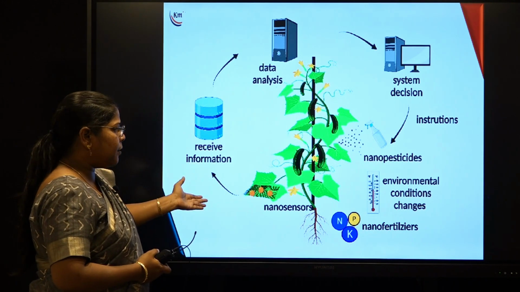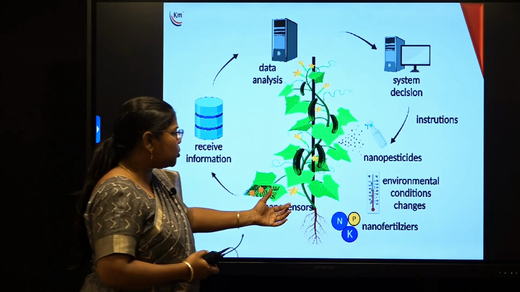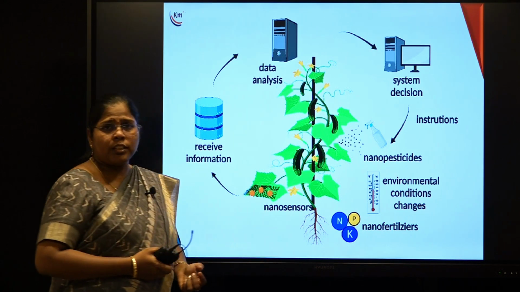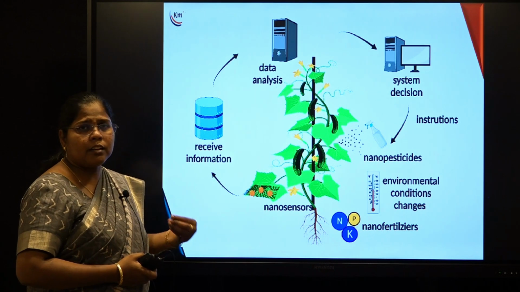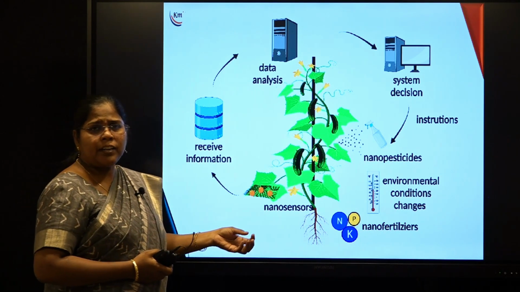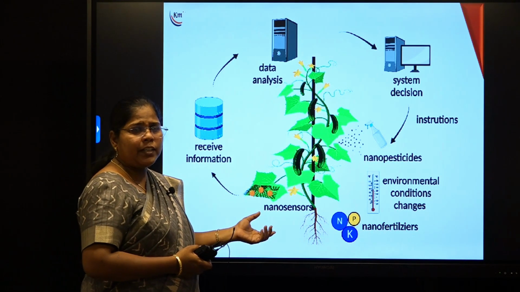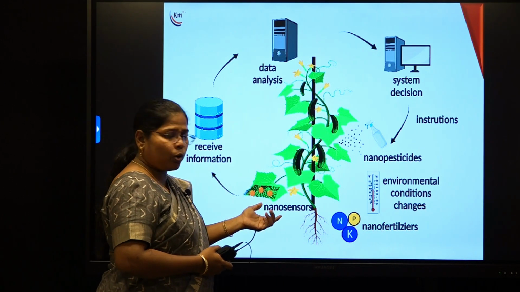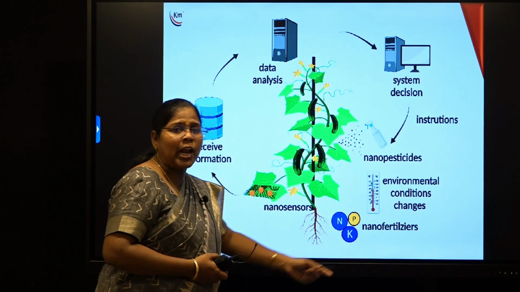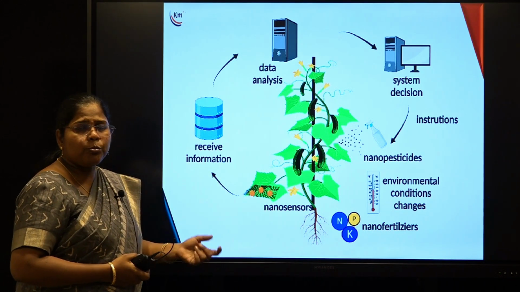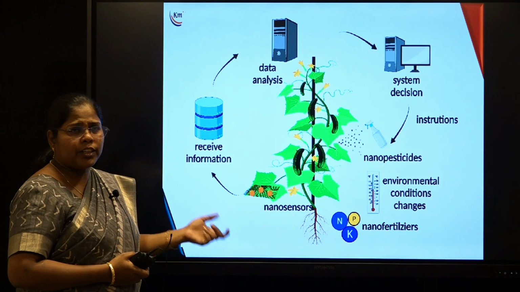First, they are using nano sensors, which can send data about the plant, the growth of the plant and the yield of the crop. They can also use nano fertilizers, which will change the sequence of the data.